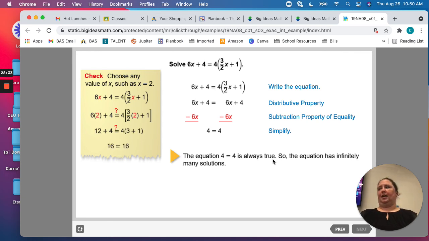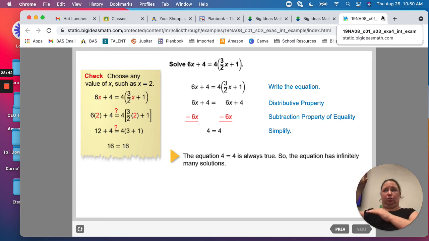Any questions on that? Okay. So far, if you come out with a number equaling not the same number, it would be no solution because you can't do that. If you come out with a number equaling itself, that's infinitely many solutions. Your other option is to come out with an actual solution where x equals a number. So those are your 3 possible ways to solve these. Good.